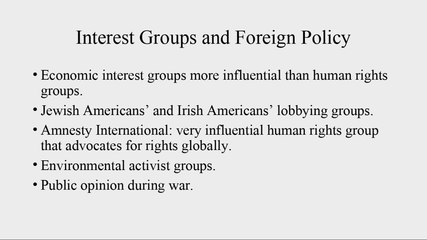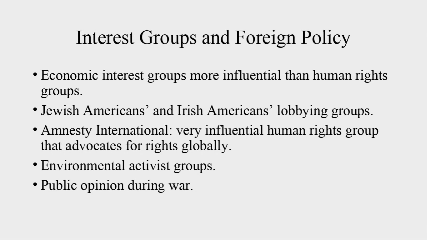Now, there are human rights groups that are able to have some say in policy. And Amnesty International is one of the biggest. They are very, very influential. They'll expose human rights abuses and shame various regimes into changing their behavior.